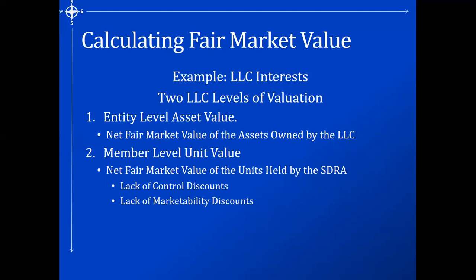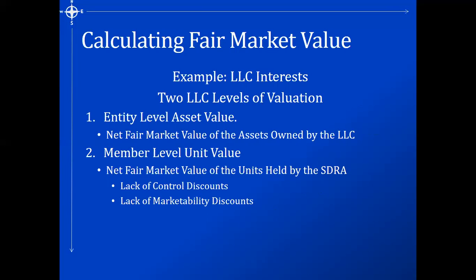And then the second level is the member level. So not only do you have to know what the fair market value of the assets held by the entity are, but then you're going to value the units of interest in an LLC, for example, as a separate item. Because in fact, for a lot of our clients who have single member LLCs or interest in multi-member LLCs, it isn't the assets inside the LLC that your custodian holds, it's the LLC interests.